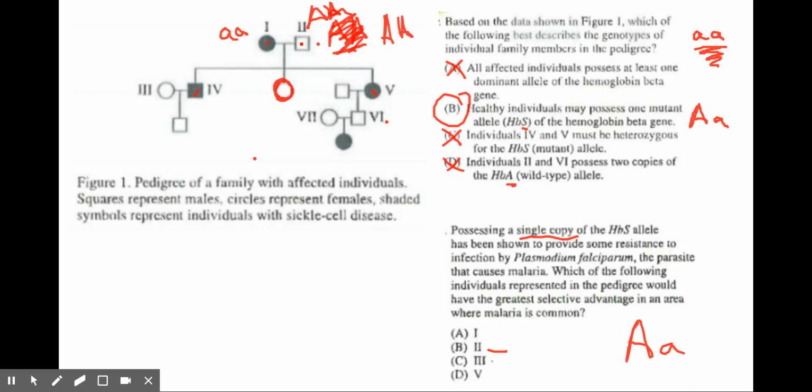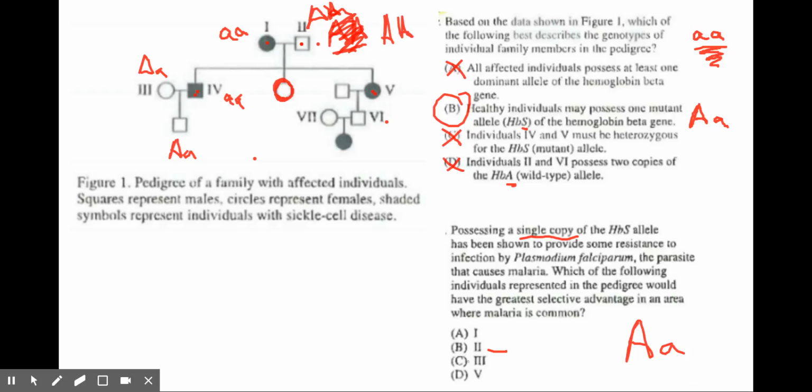Let's check out 3. So 3, there's a chance possibly that it could be, because it's not out of the world of possibilities here that that could be a carrier. We don't know for sure.